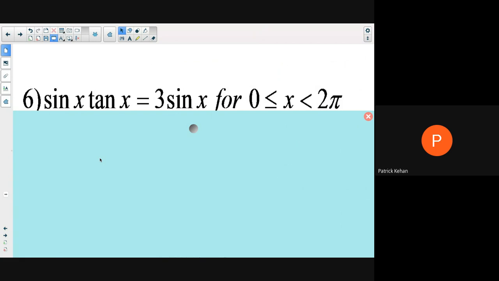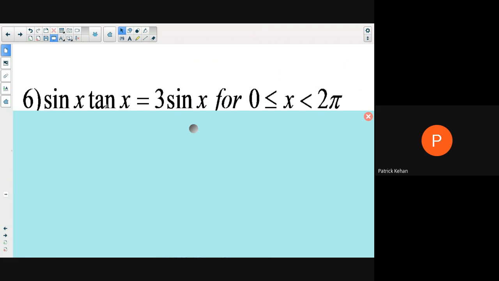I'll start off with a common mistake that a lot of people fall into. They notice that there's a sine x on both sides of the equation and assume they can safely divide both sides by sine x, which is technically a legal move. But in this case, the sine x here and the sine x here simplify to 1, and you're going to lose a variable.